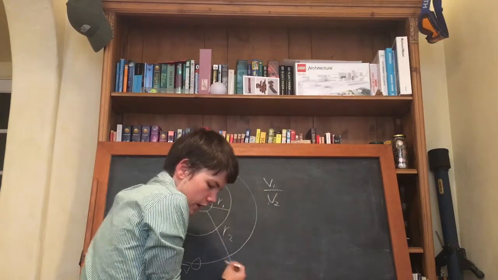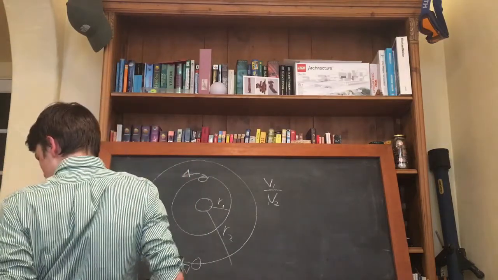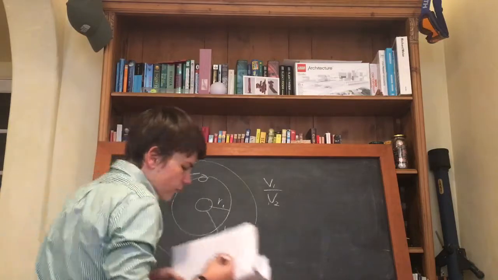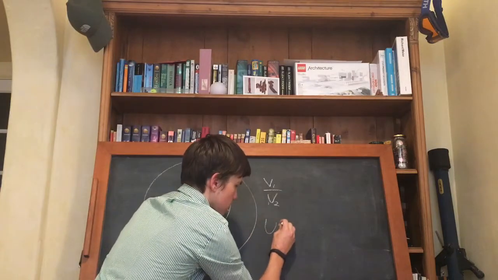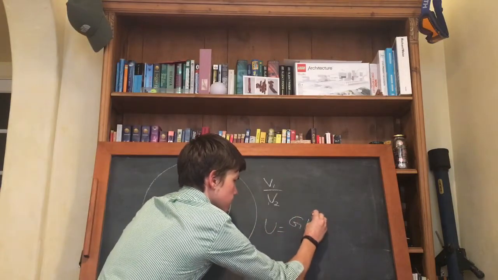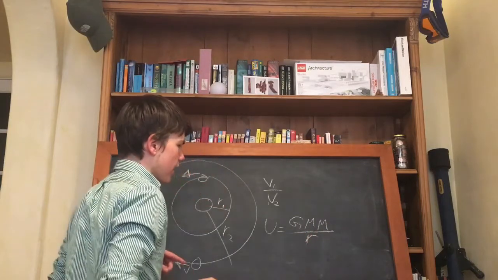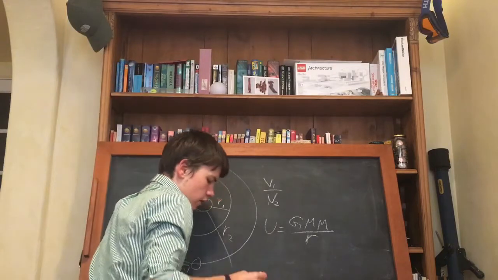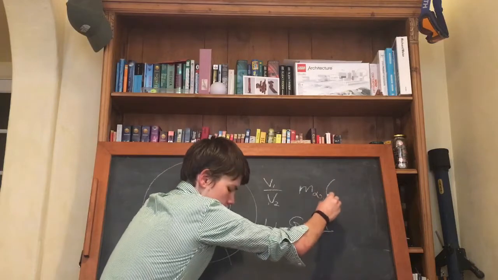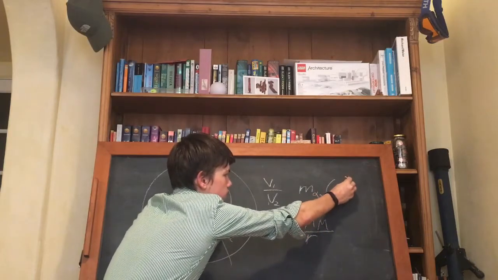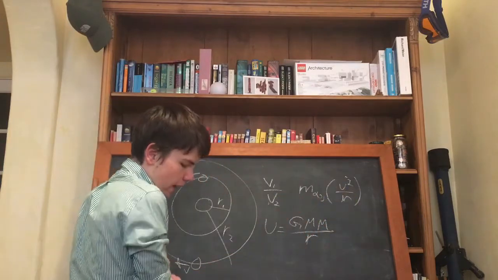So we know that, by using the gravitational equation that I was talking about, we can actually derive a different equation from that. I'll write it up here: the mass of the object times the velocity squared over r. So we know that the ratio would have to be square rooted.